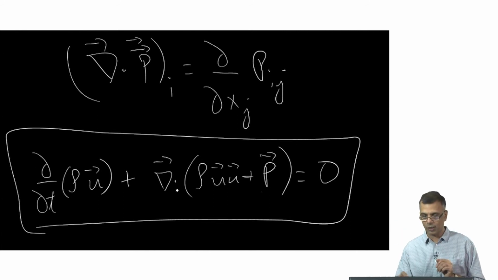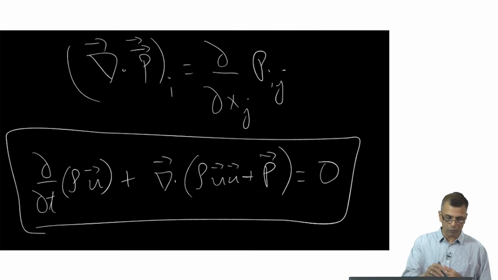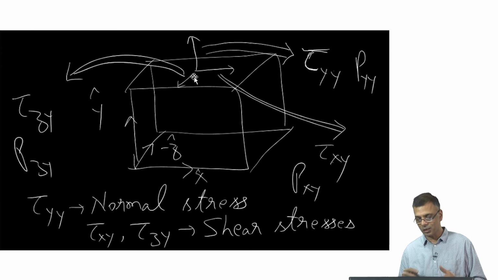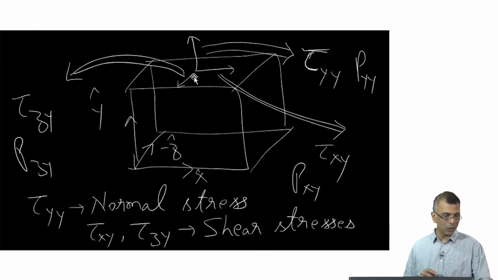They are on the same footing. Either the normal surface stress, or tangential surface stresses, tangential or shear stresses, same thing. So, this is one way of writing the momentum equation.